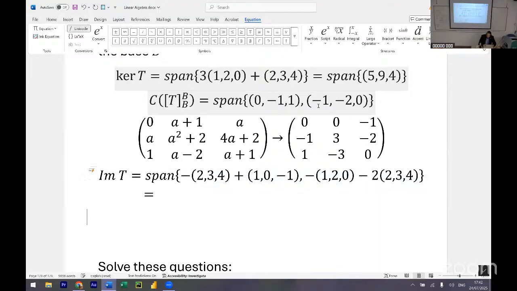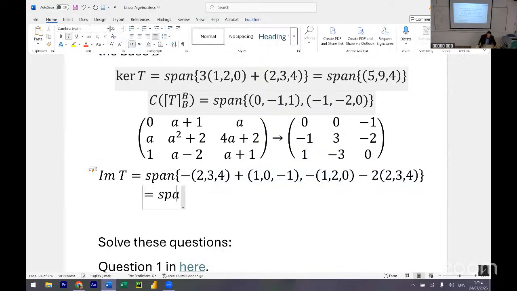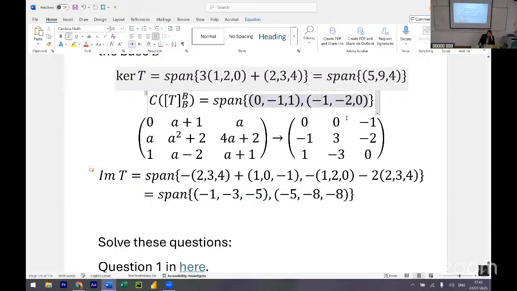And that is the span of -2 plus 1 is -1, -3, -4 minus 1 is -5. So the first vector, and the second one is -1, -4 is -5, -2, -6 is -8, and -8 as well. Okay, supposedly that is the answer.